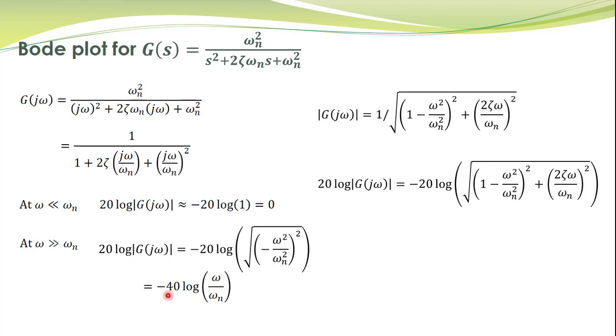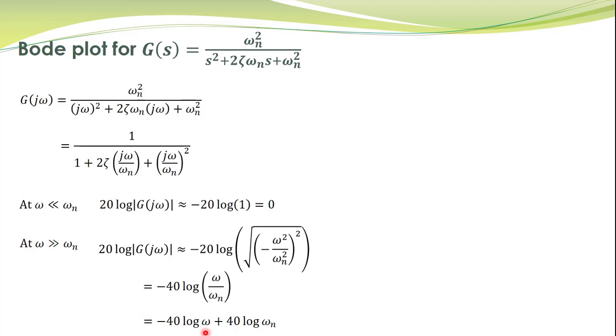So we have minus 40 log of omega over omega n, which can be rearranged to write it in this form. So at higher frequencies, the Bode magnitude plot is a straight line. This is the equation of a straight line with the slope equal to minus 40, and on the horizontal axis we have a logarithmic scale.